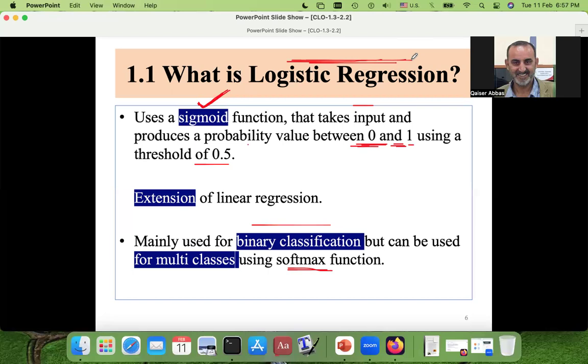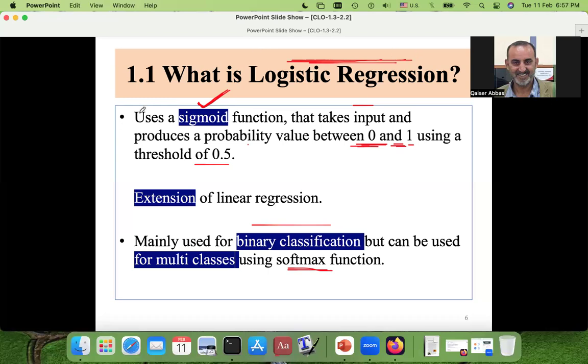Linear regression normally deals with continuous values. You cannot use linear regression for classification. You can use linear regression to predict continuous values, like house prices, which we saw in an example previously.